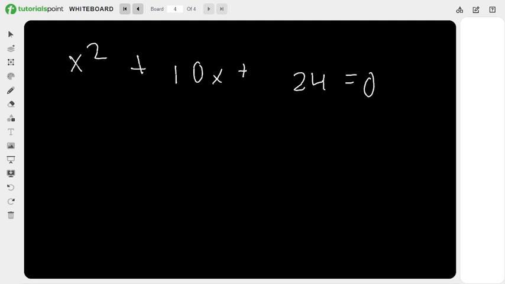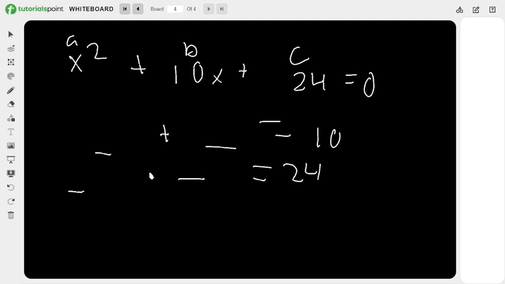So again, our x squared is our a, our 10x is our b, and our 24 is our c. So our a is equal to 1, our leading coefficient is equal to 1, so we can use the method we've been using. 10x is our b, so we're going to see what two numbers add to our b, our 10, and our c is 24, so we're going to see what two numbers multiply to our c, or 24.